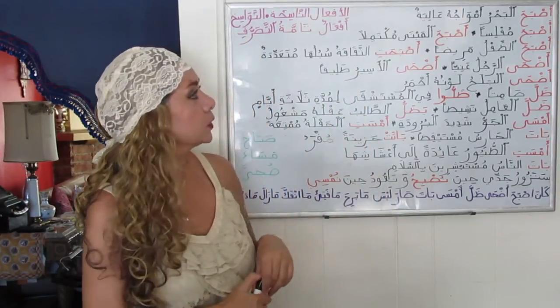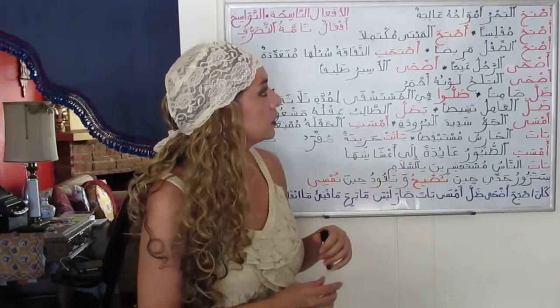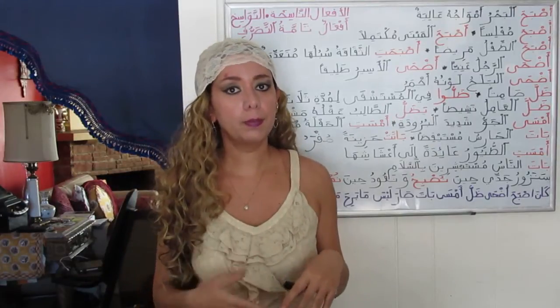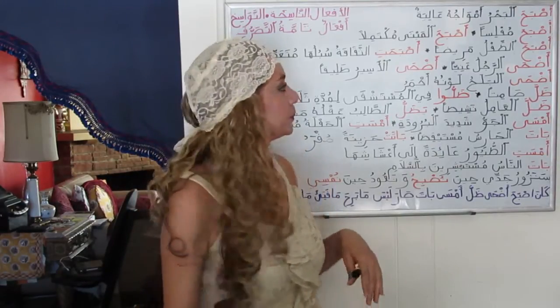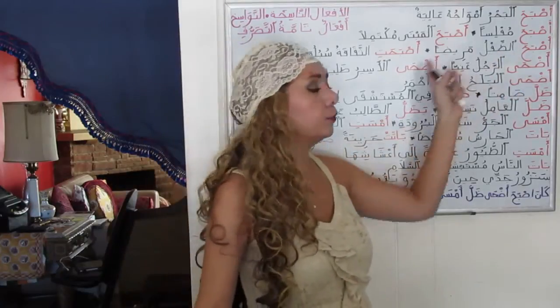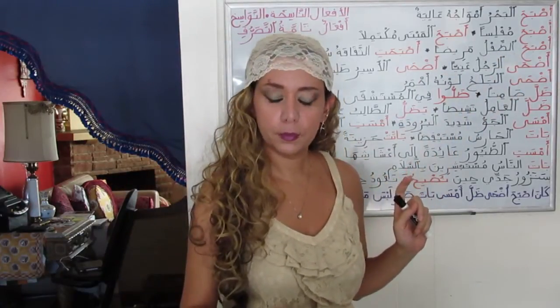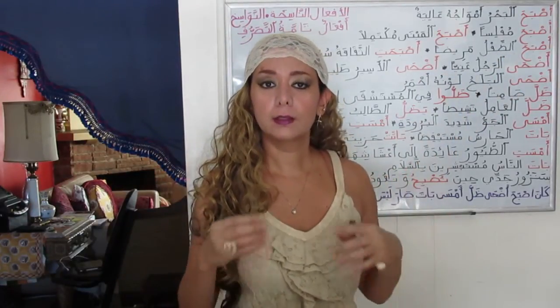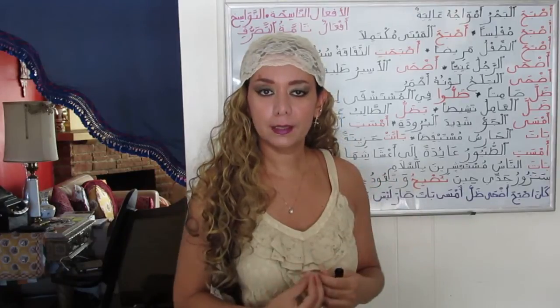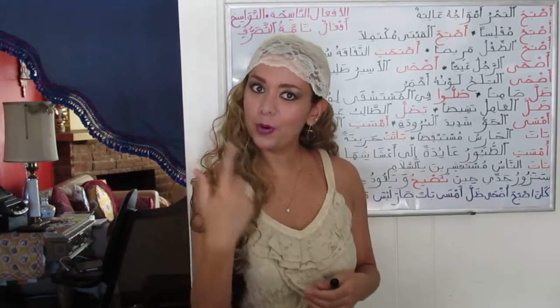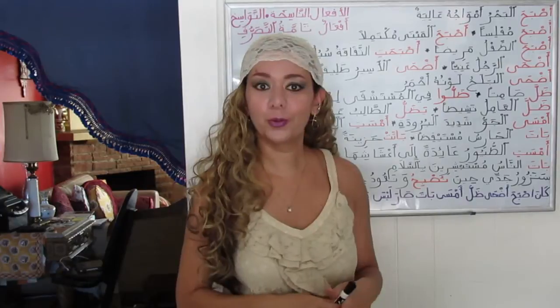Alright? So we know that the completion happened in the morning. أصبح الطفل مريضا. The child became sick. When? In the morning. So all the bad things happen in the morning.